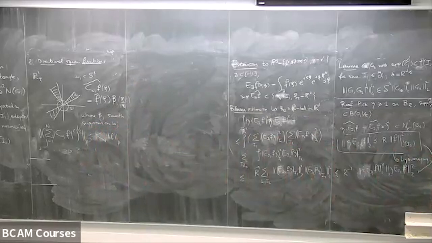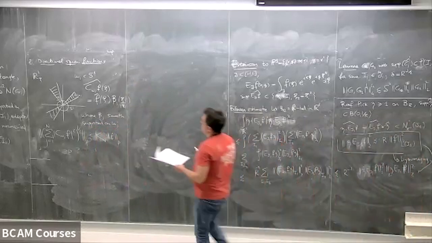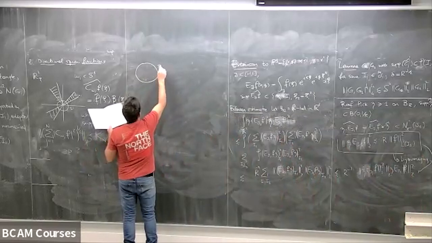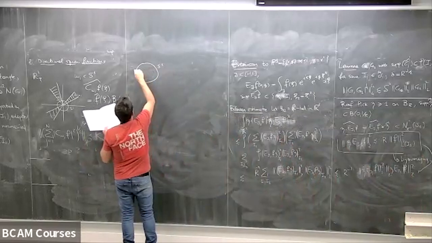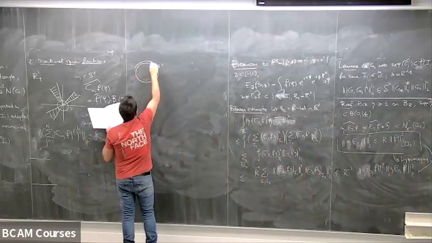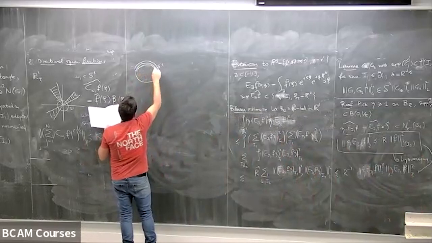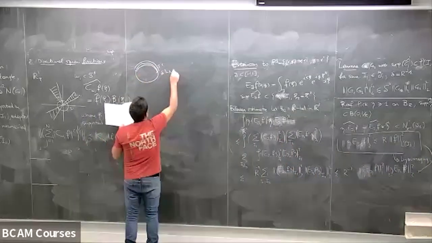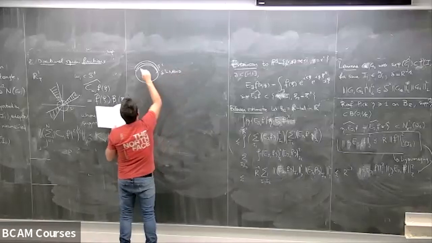Because actually, the one I should have written right away is this one. Take S1 again, take the delta square neighborhood of it, and cover it as before.